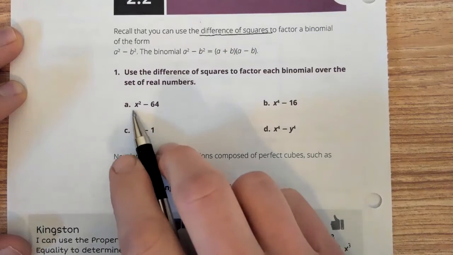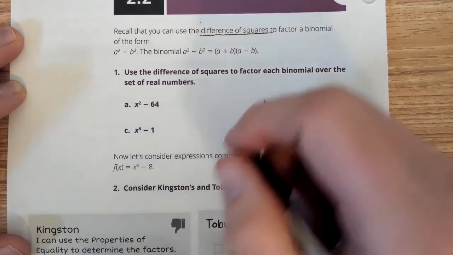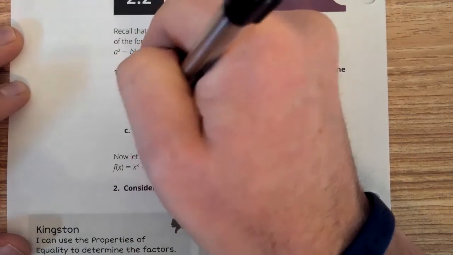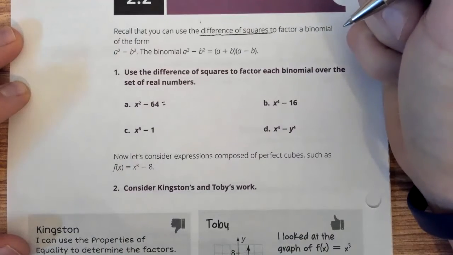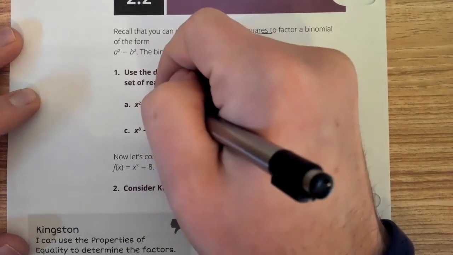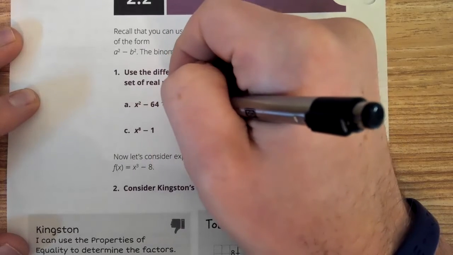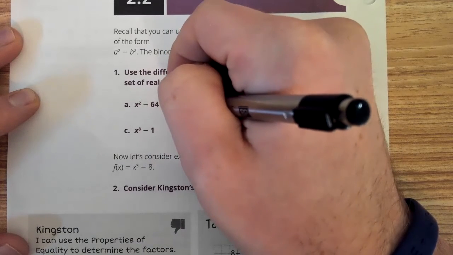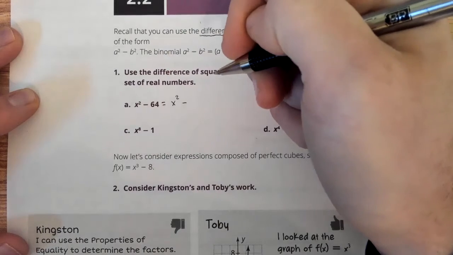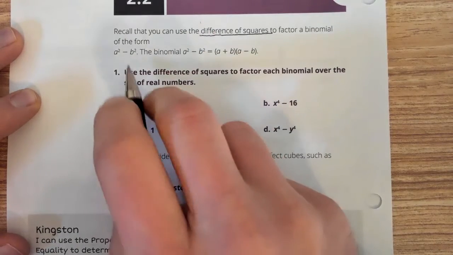So what I'm going to do here is rewrite x squared minus 64 as x squared minus, and what I'm doing is trying to make this look like this.